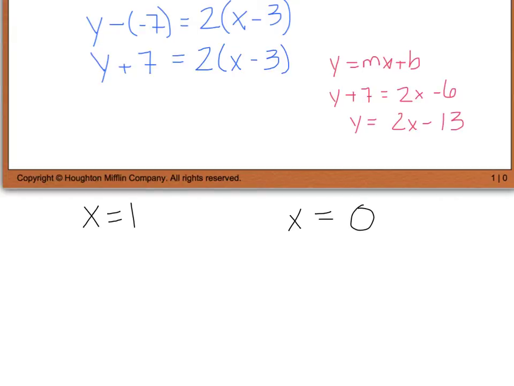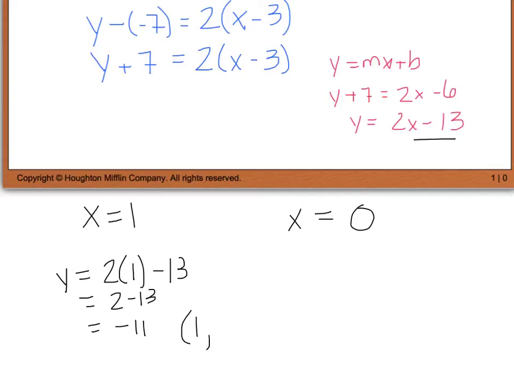So if I plug a 1 into this equation, I have y equals 2 times 1 minus 13, which is equal to 2 minus 13, or negative 11. So one additional point would be the point (1, negative 11).